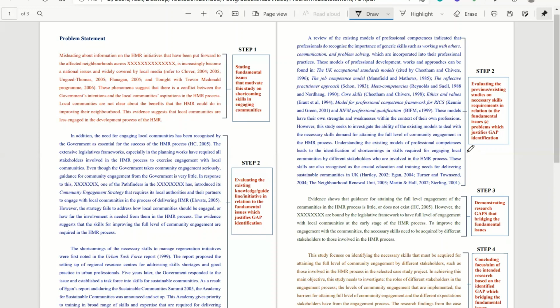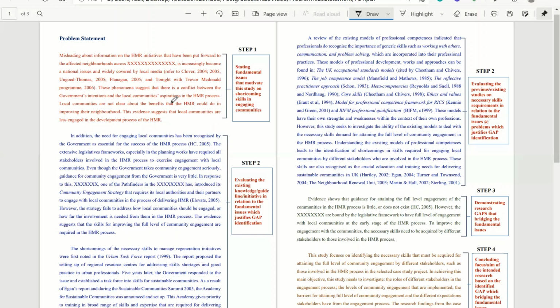First, we look at the first paragraph. What does this first paragraph inform us about the issues that we are searching for in the subject matter of the thesis? After reading the first paragraph, I come to know that the issue underpinning this study is the shortcoming of skill in engaging communities.